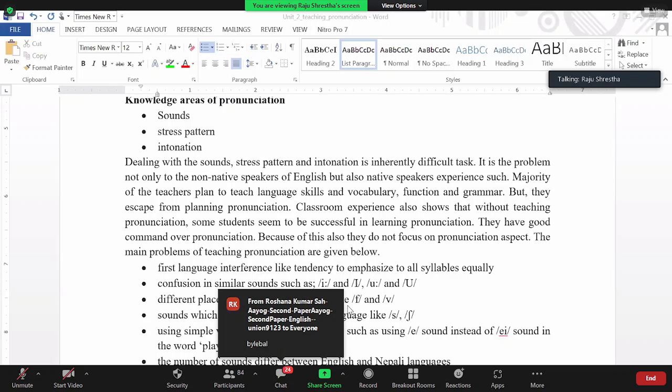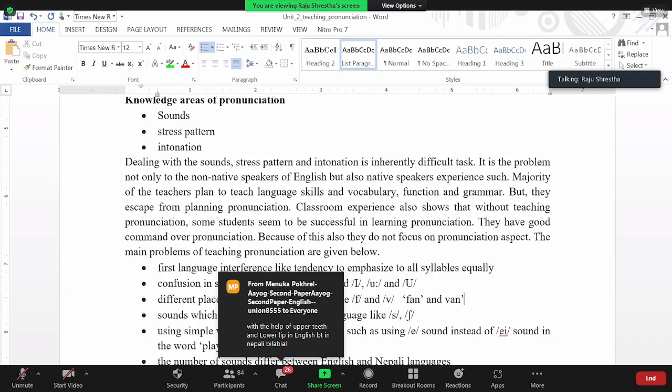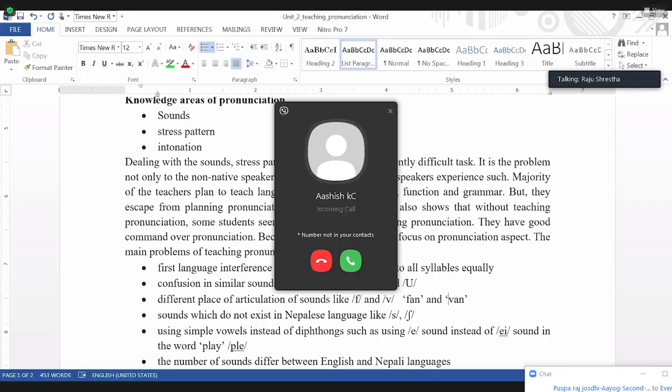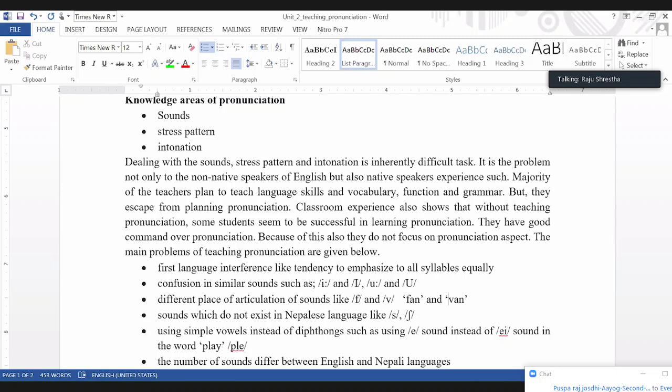We pronounce English fa and ba like Nepali fa and ba. For example, if you say fan and van, we don't use our lower lip and upper front teeth, because these are labiodental sounds. To say fan and van, the lower lip and upper front teeth should come together, but when we pronounce fan and van we use bilabial, both lips.